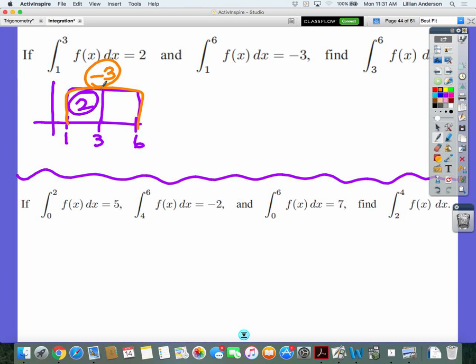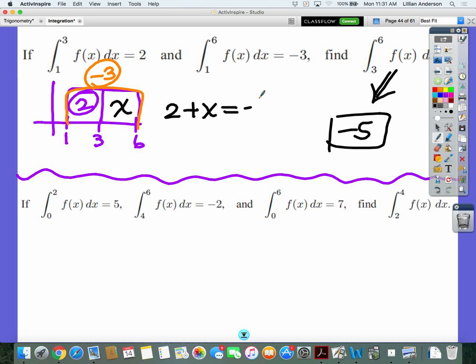You're trying to find this last box right here. So 2 plus what is going to give you negative 3? Negative 5. So the integral is negative 5. And if you can't quite see that, then just set an equation: 2 plus x equals negative 3. Just solve, x equals negative 5. Okay?